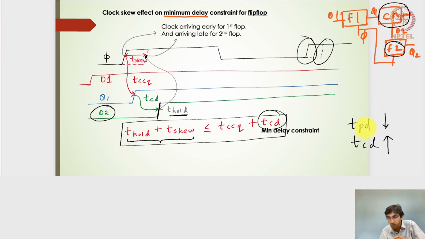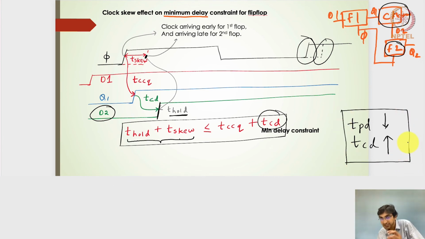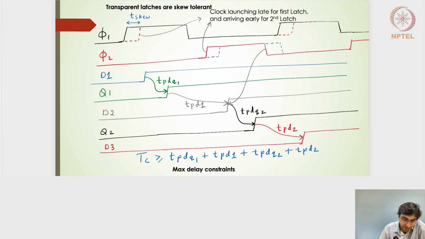The closer TCD and TPD come, the more difficult it becomes for the designer to design the circuit. If there is more margin between TPD and TCD, it is much easier to design the combinatorial circuits.